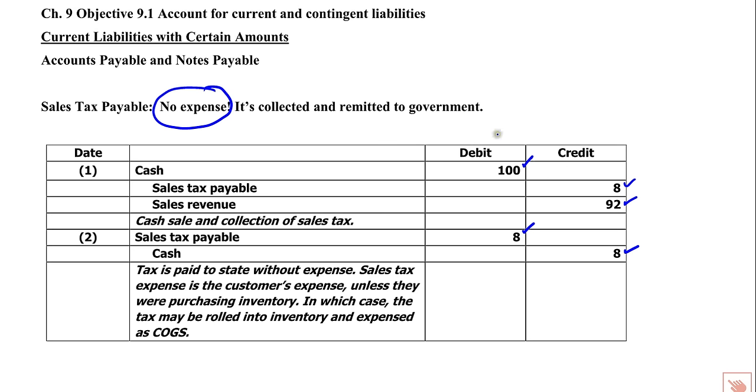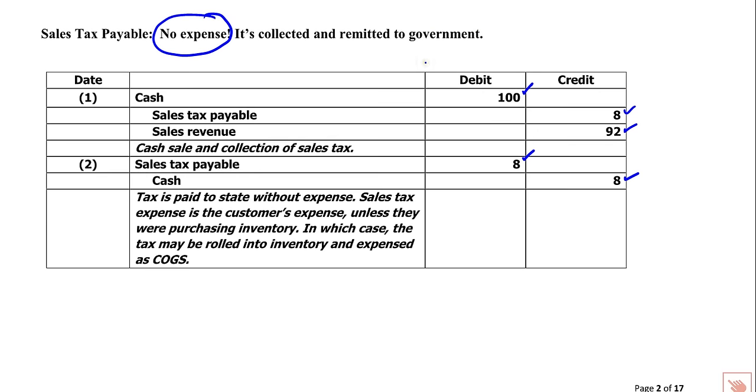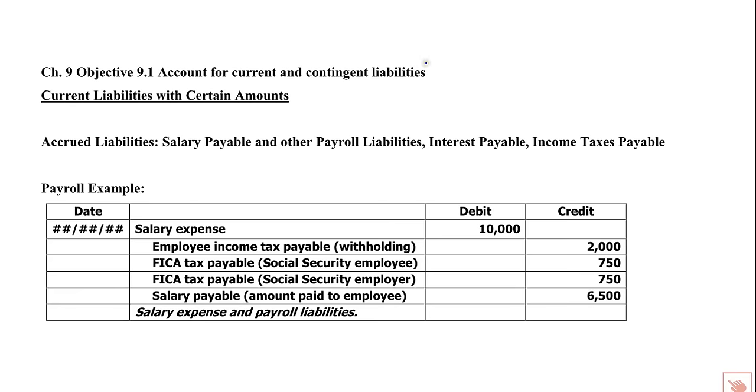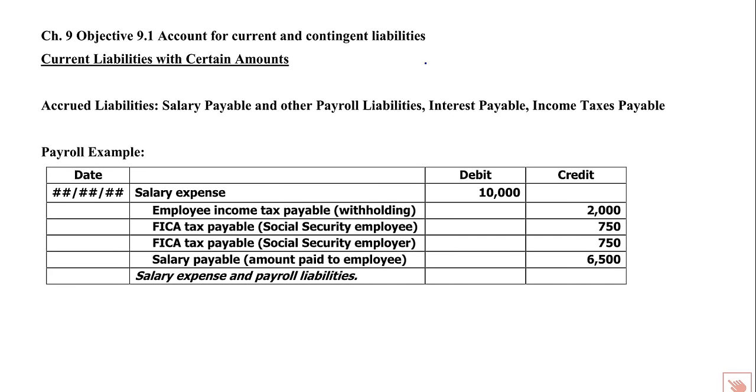All right, so that's a little bit of a different situation where you have a current liability increase, but no offsetting debit to expense. That's just in the case of sales tax and some other rare instances, but sales tax is a good example of it.